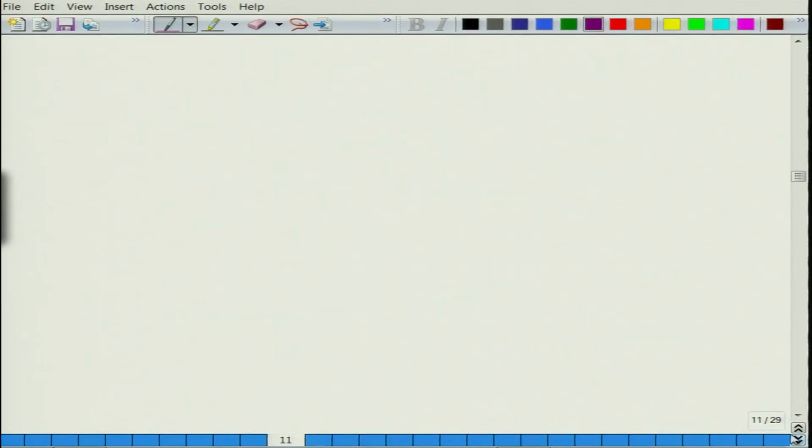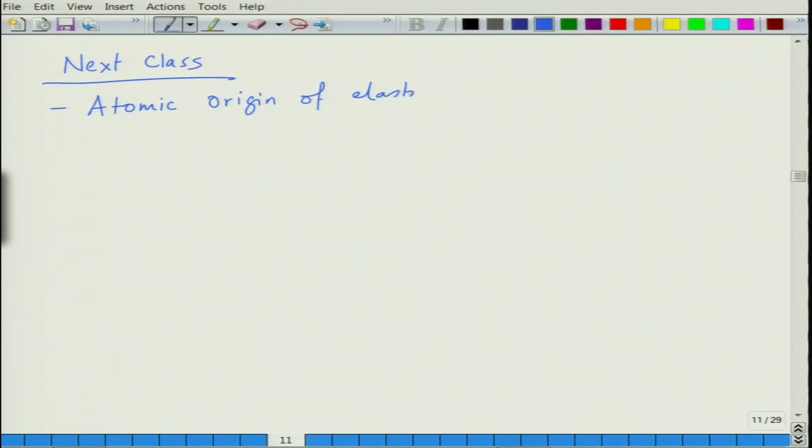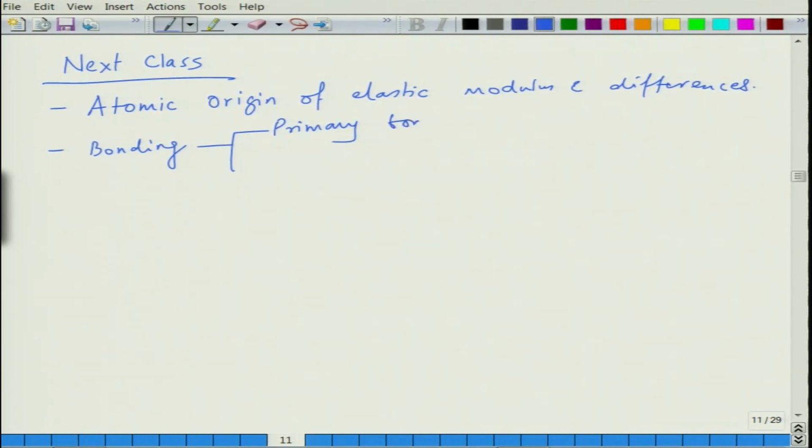In the next lecture we will look at the atomic origin of elastic modulus and its differences, which is basically related to bonding. We know that materials have primary bonding and secondary bonding.